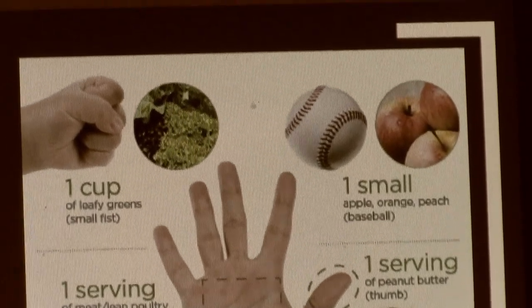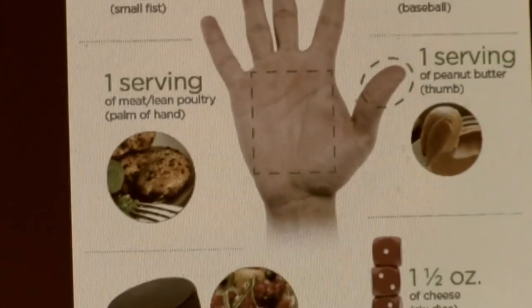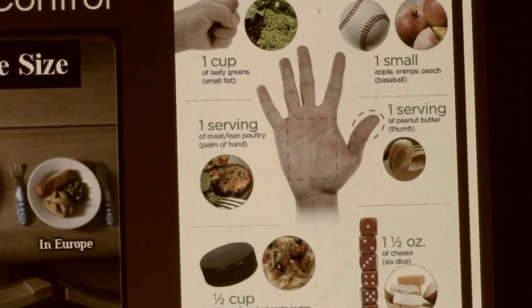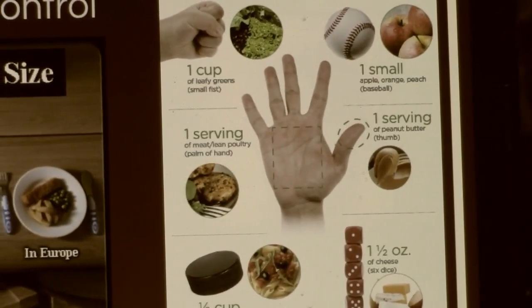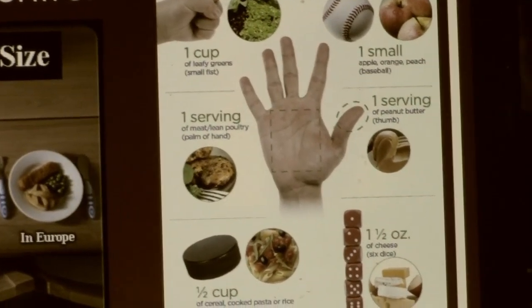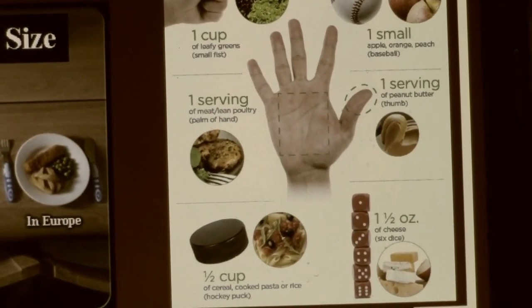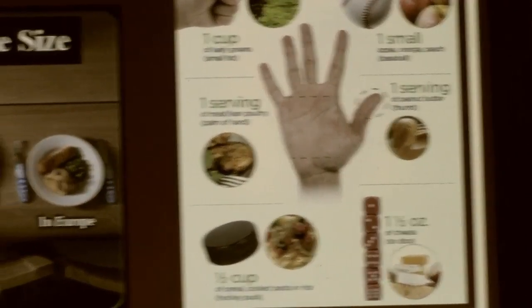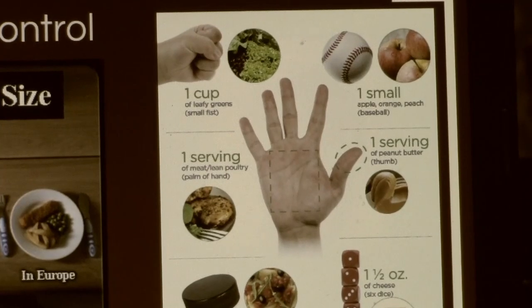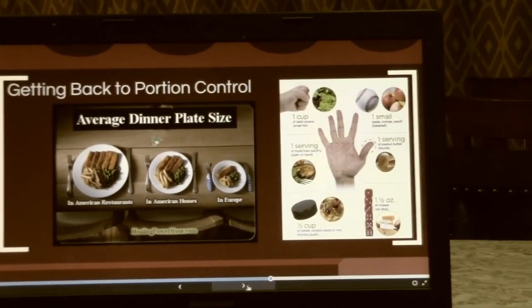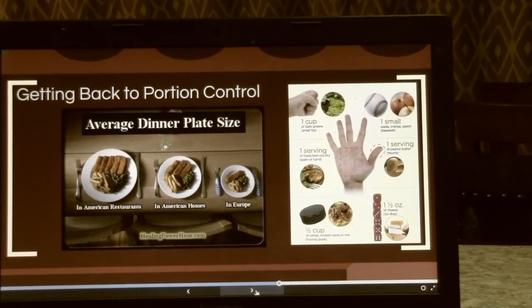A small piece of fruit would be the size of a baseball, and so on. So this slide gives you a frame of reference for what is normal. If you look down in the lower corner, that series of dice is what 1.5 ounces of cheese looks like. So next time you do your cheese and cracker platter, think about how many pairs of dice are on that plate. So we have to re-reference what our normal portions are to help people make better choices.